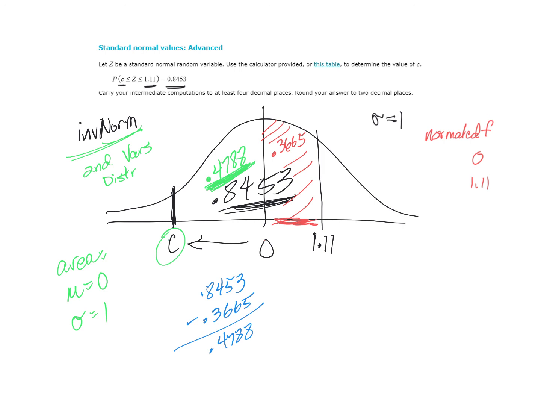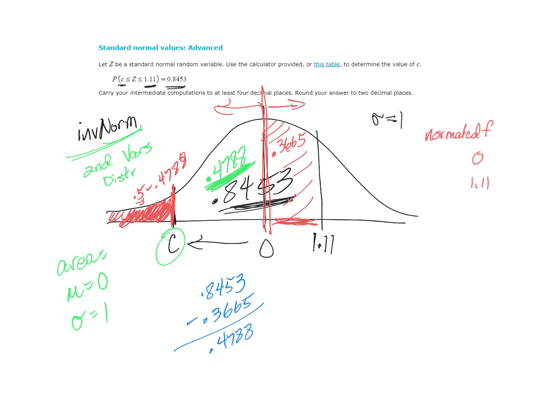What I need to know is, really, what is the area over here? Because it always gives me that value to the left of whatever I type in. So I am going to figure out this area right here in red by saying 0.5 minus 0.4788. 0.5 because, remember, from the center over is 0.5, and from here is 0.5.